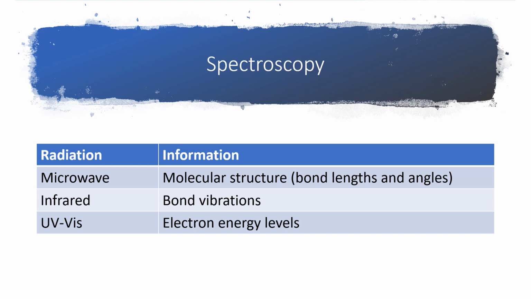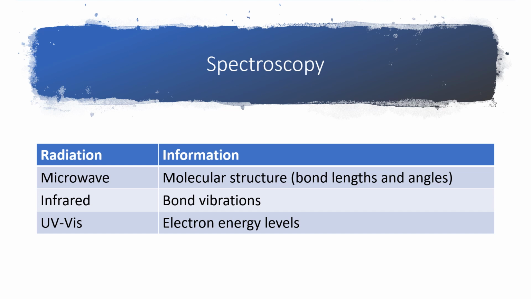If we are using microwaves to illuminate the sample, we get information about the molecular structure. What are the lengths of the links between two atoms that are bonded together in that sample? And what are the angles of the bonds that are formed in the molecules?